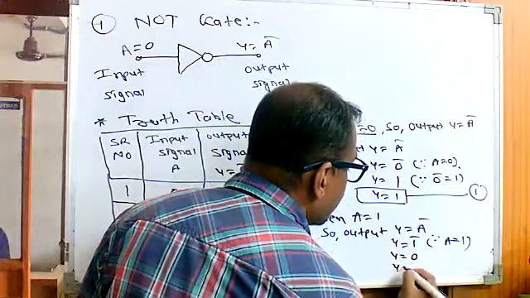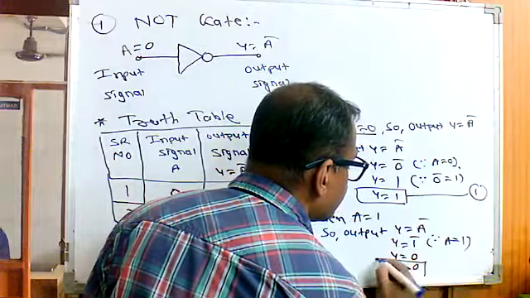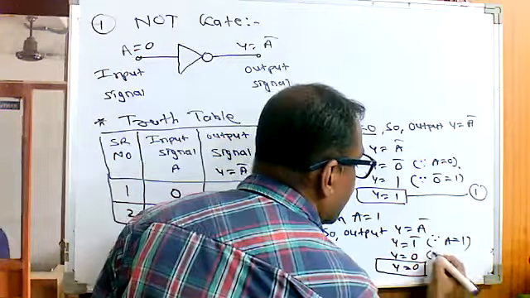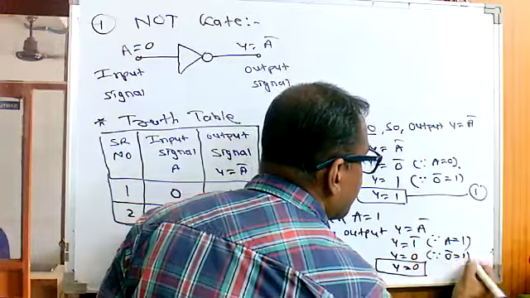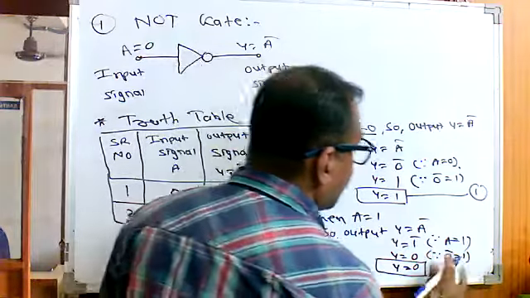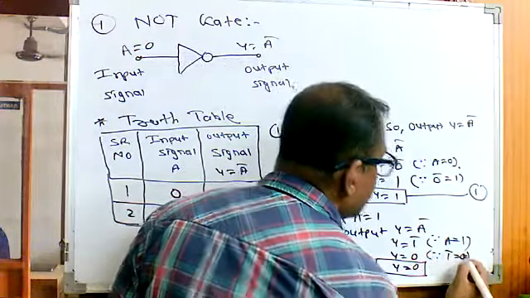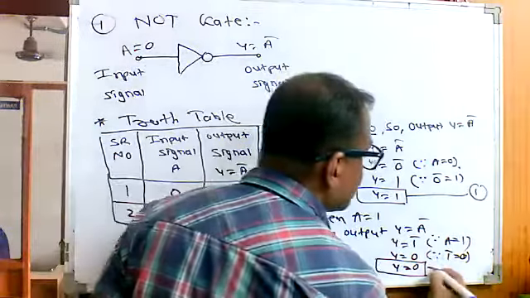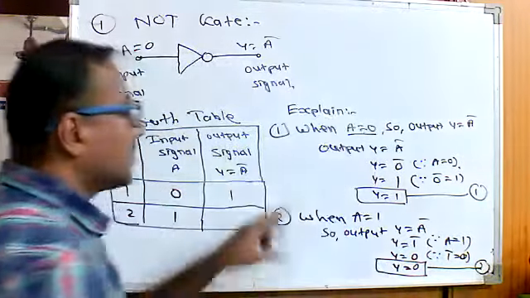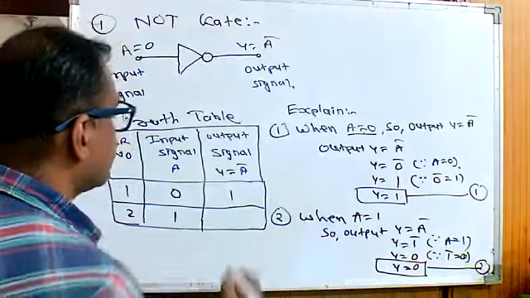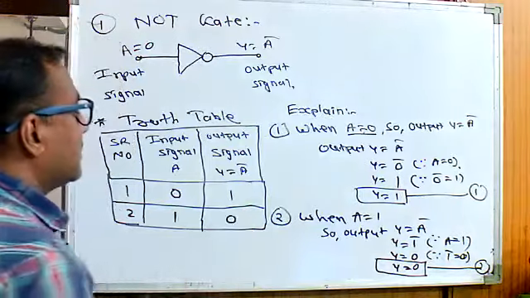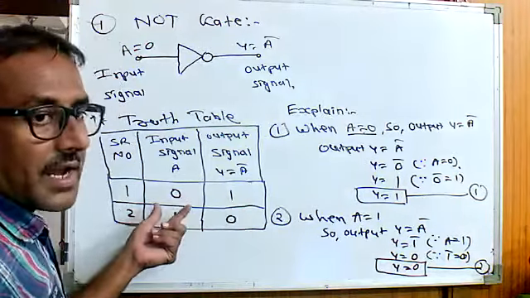So Y is equal to 0. 0 bar is equal to 1, 1 bar is equal to 0. So Y is equal to 0. From the first condition and second condition, the output is the complement of the input signal.